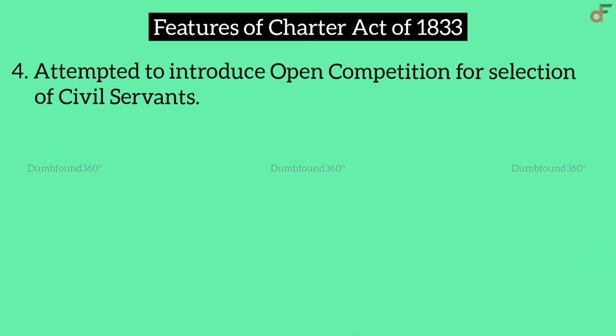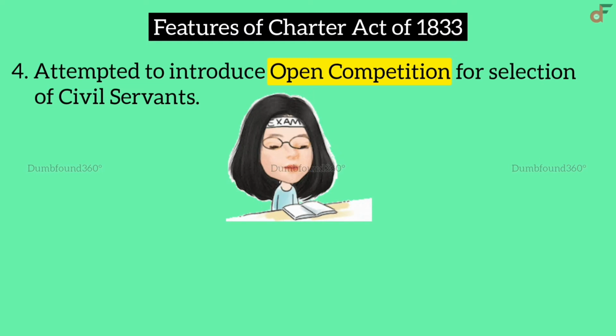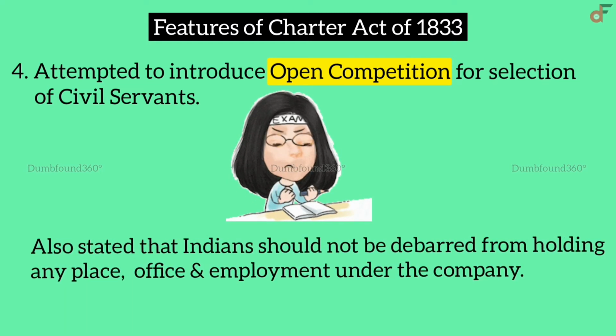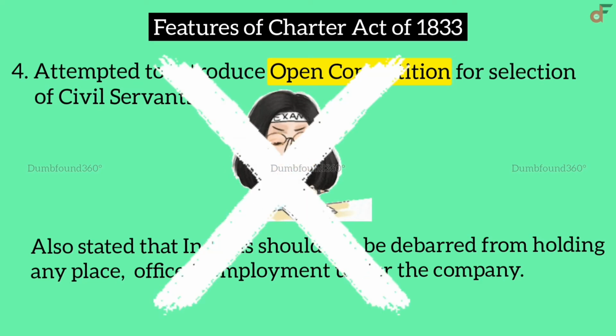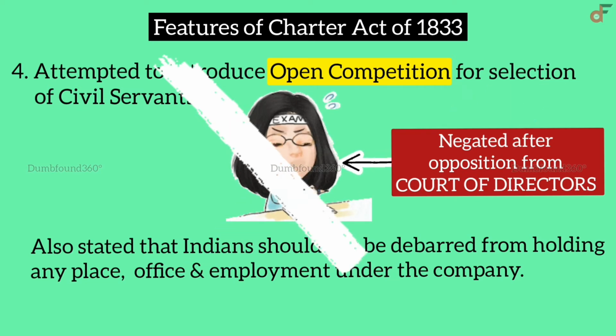The Charter Act of 1833 attempted to introduce a system of open competition for selection of civil servants and stated that the Indians should not be debarred from holding any place, office and employment under the company. However, this provision was negated after opposition from the Court of Directors.